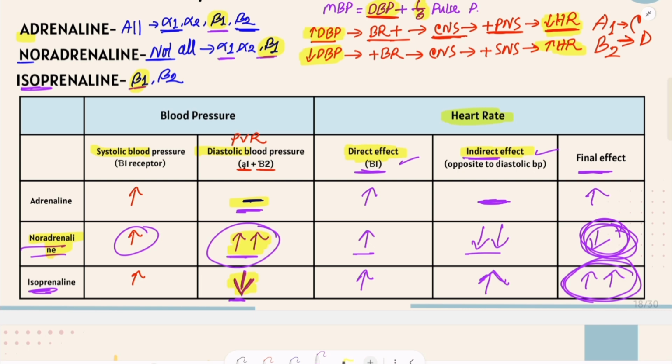At the time, we are simply thinking that noradrenaline is a sympathetic drug, so it should cause tachycardia. What is actually happening? Noradrenaline is a sympathetic drug, but it is causing bradycardia because its indirect effect is very strong. So remember, noradrenaline does not cause tachycardia, it causes bradycardia.